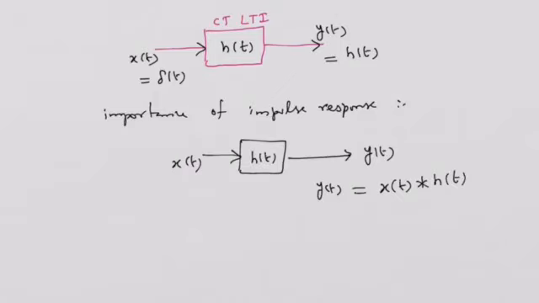So impulse response plays a vital role in CT LTI systems, because the convolution formula says integral tau varies from minus infinity to plus infinity x of tau into h of t minus tau d tau. Tau is the dummy variable for integration.